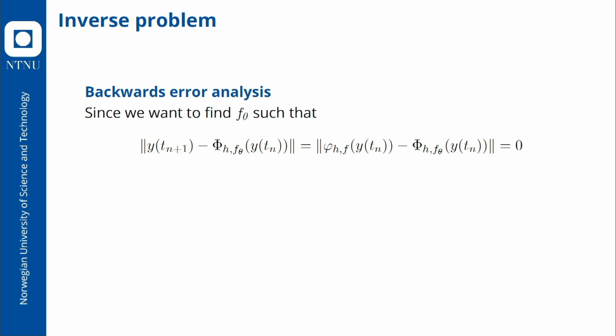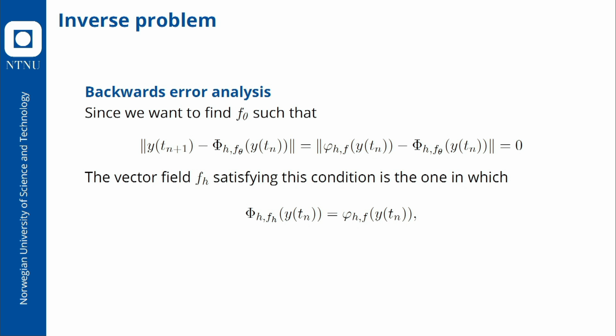So, inspired by backward error analysis, we can consider the loss function that we have, and we can ask the question, what vector field would satisfy this condition exactly? So here we change the notation from the point that we know to the flow in time, the exact flow.